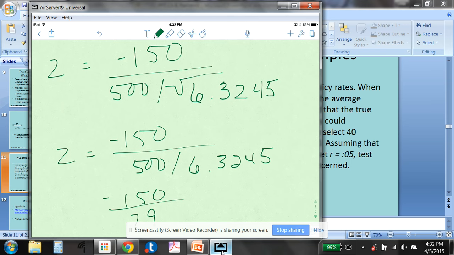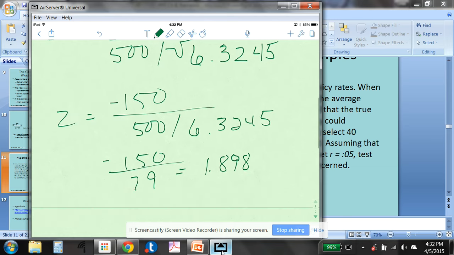That equals 1.898. Whoops. So Z, try to get it all on one page here, is equal to 1.898. Now, what does that mean?